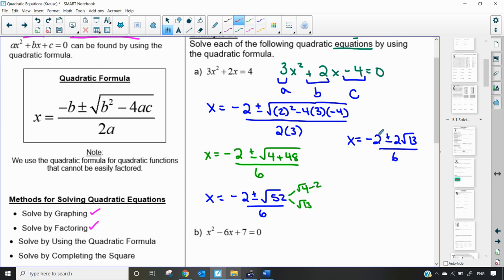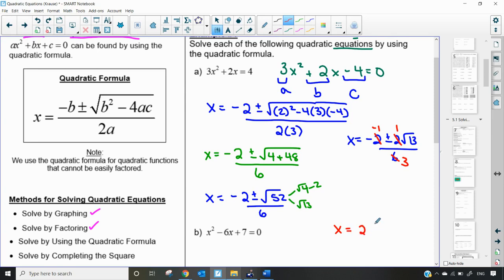Now each of these terms can be divided by 2, so we'd have negative 1, plus or minus 1, and then 6 is 3. So if all of our terms can be divided by the same coefficient, then we can simplify. Another way to look at that is that we're factoring out a 2.